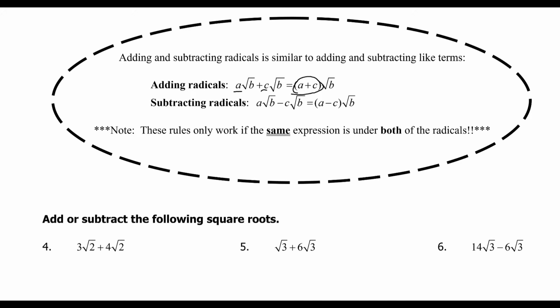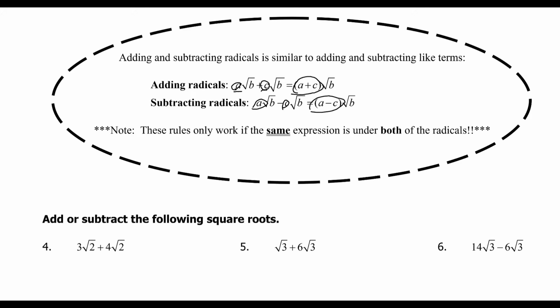That's just a fancy way of saying that we have to have the same thing under the radical in order to add these two things together. Second, you basically treat the a and the c as coefficients, and we just add the coefficients together. Same thing goes for subtracting. We're just going to subtract them like they're coefficients.